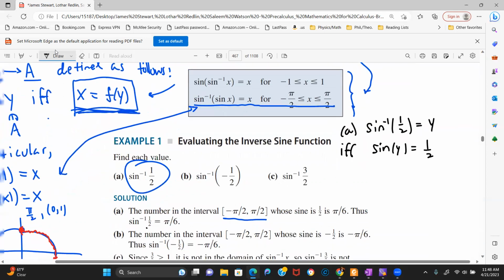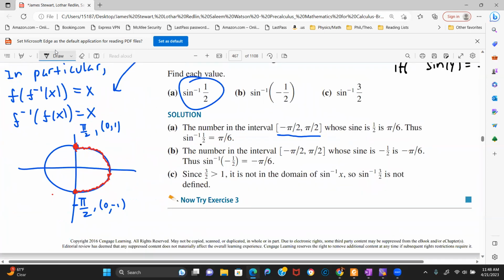We have a bunch of points on our circle, those typical values. This is pi over 4, this is pi over 6, and this is pi over 3.